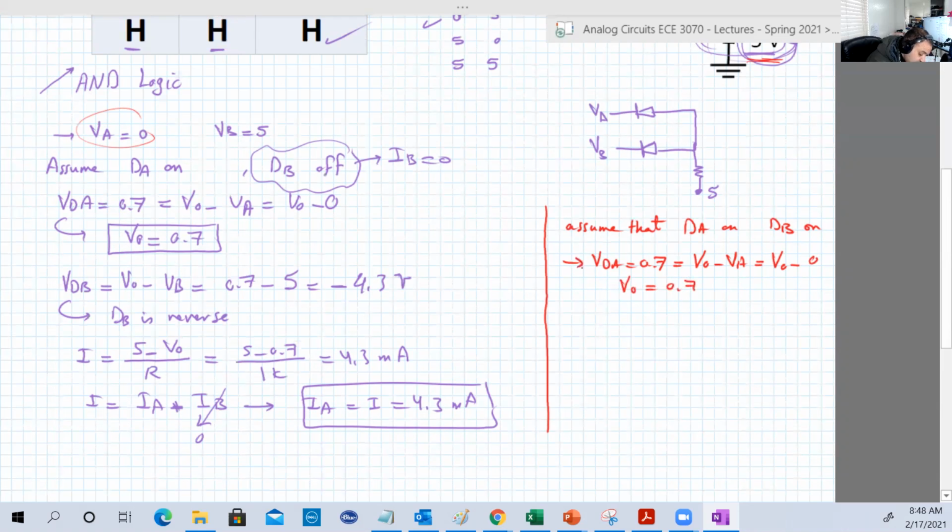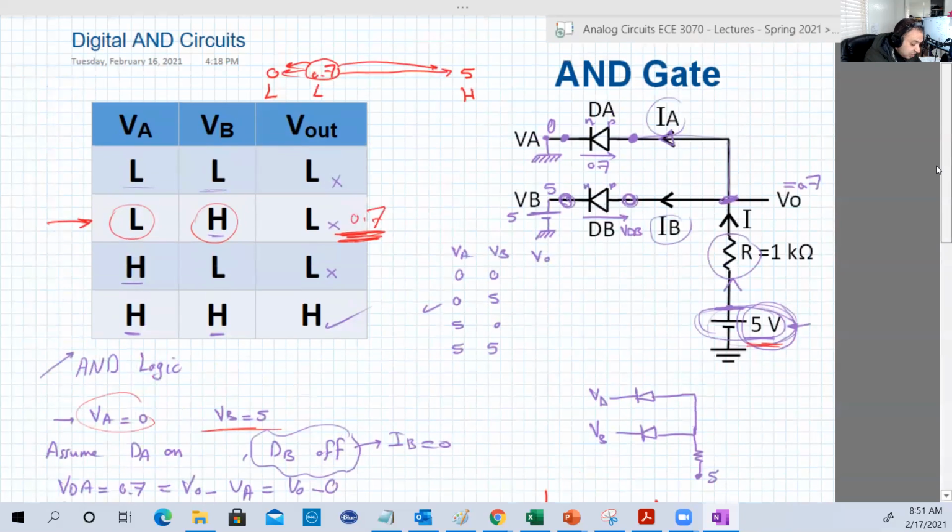Okay, that's fine. Now VO is known, right? Remember, you assumed that dB is on, so its voltage must be 0.7. So let's check what VDB is equal to. VDB is equal to VO minus VB.